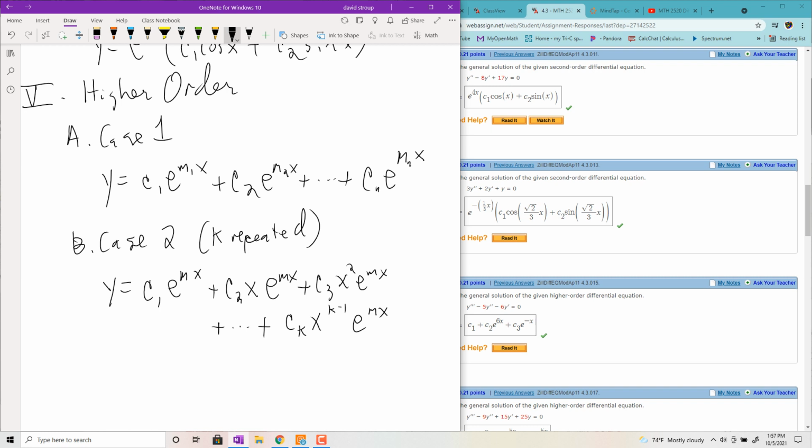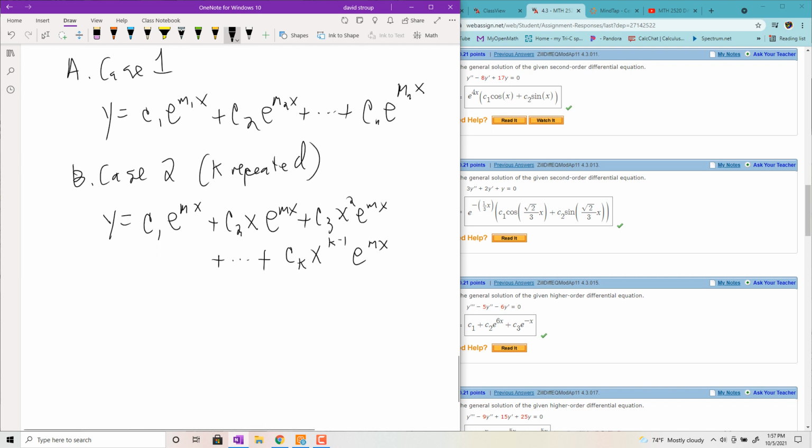Okay? And that's really the idea, and it carries over to repeated imaginary roots as well. So case 3, let's say we have k repeated imaginary roots. This is a little harder to write out, but I'll try.